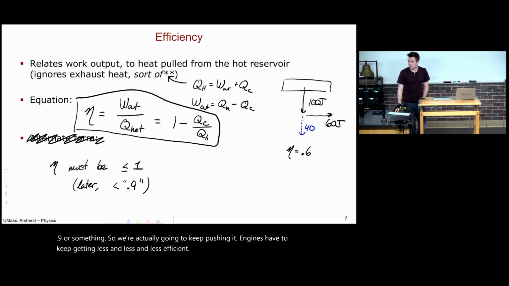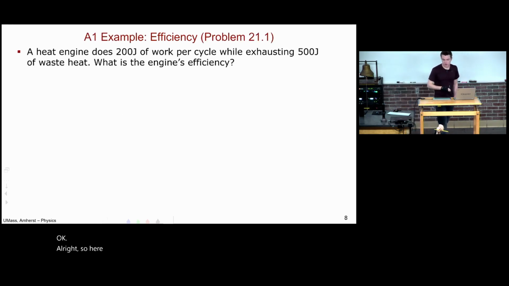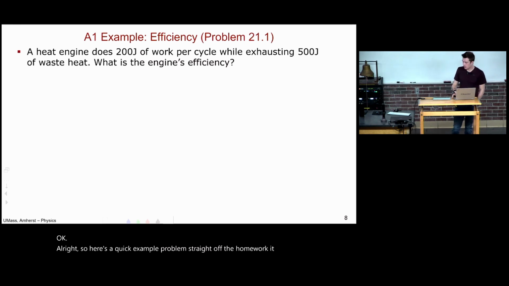Everybody good with copying down stuff on this slide? No? Oh, good. All right, so here's a quick example problem straight off the homework. It should only take about 2 minutes, so hop to this.